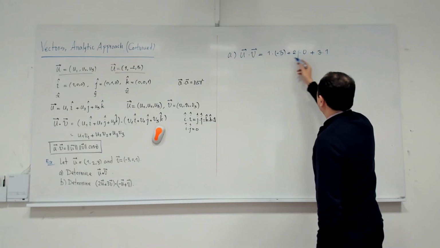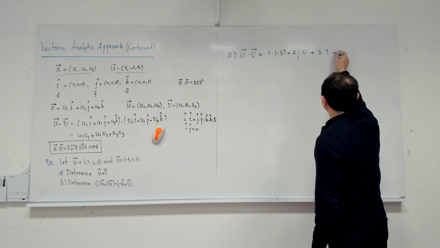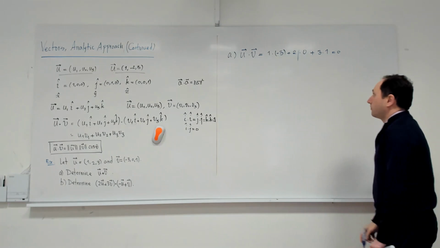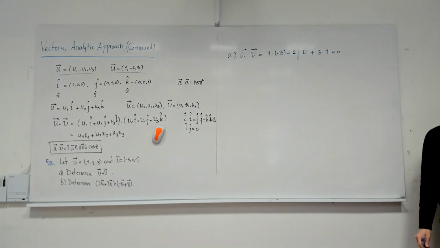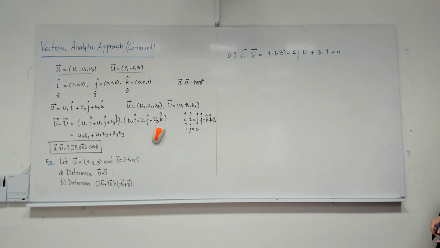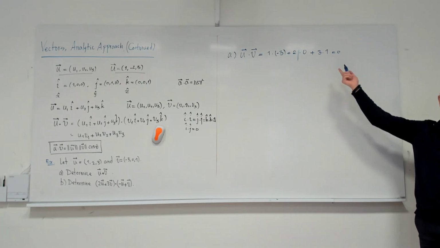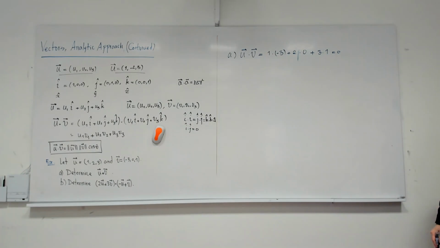And if you calculate this number, it becomes 0. So what can you conclude about these two vectors? Because the dot product happens to be 0. Am I right in my calculations? Yes, -3, 0, and 3. This happens to be 0, so it means that these two vectors are perpendicular, yes?